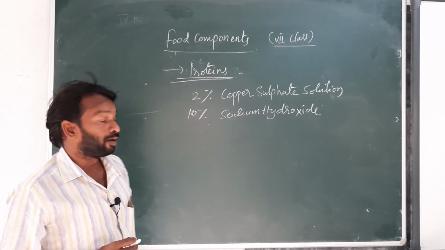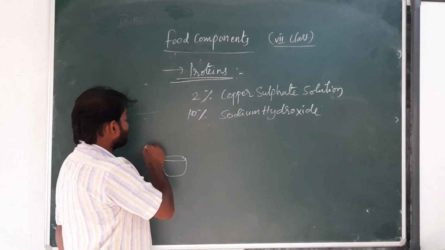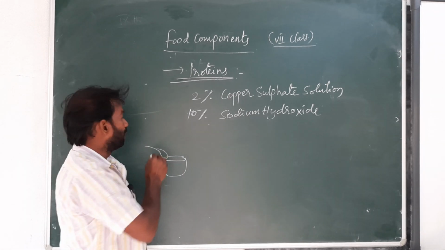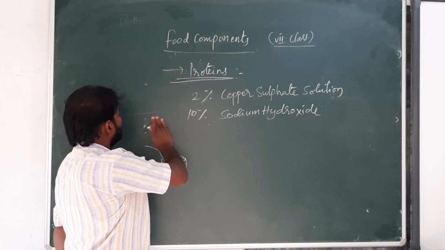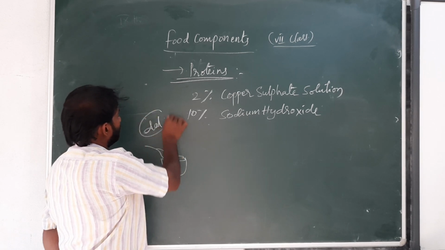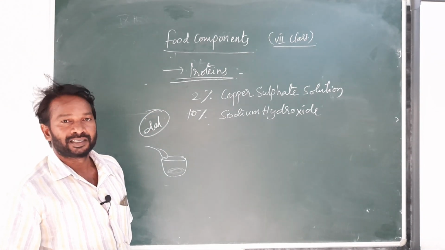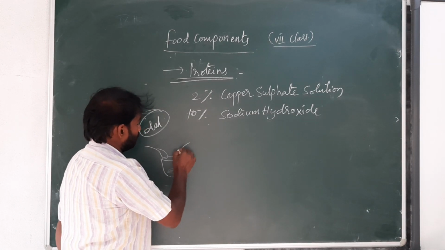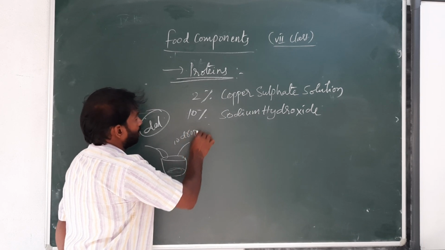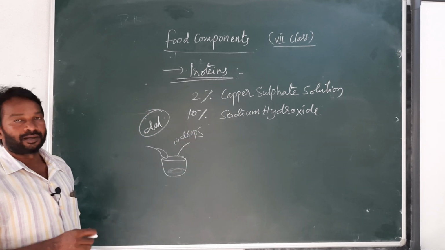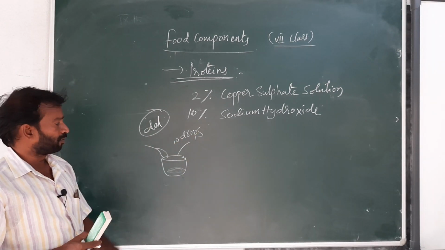Now take one bowl, add some food material like dal, and make it into a paste. Add 10 drops of water.